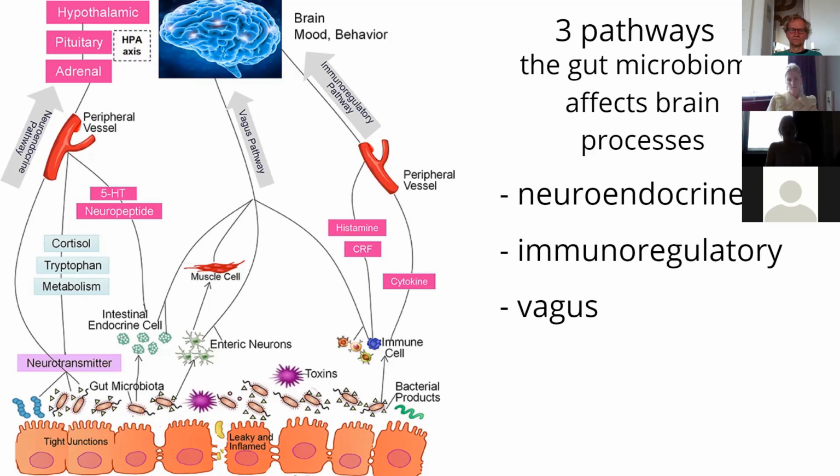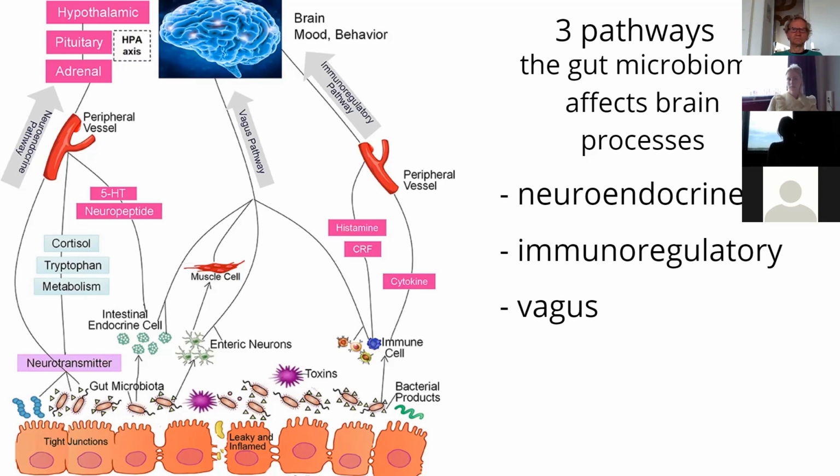So we've got our neuroendocrine pathway on the left, and this is where endocrine cells in the gut are stimulated by microorganisms. Depending on what microorganism, they release different neurotransmitters. These then travel along the bloodstream along the HPA axis, which is the hypothalamic pituitary adrenal axis, which coordinates the body's stress response.